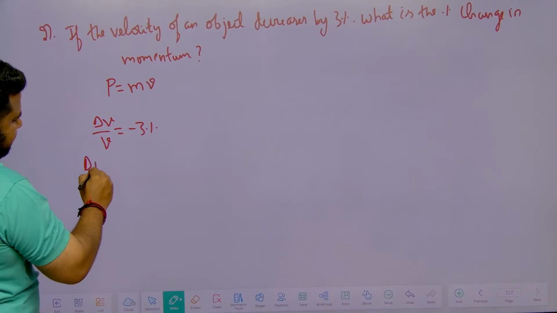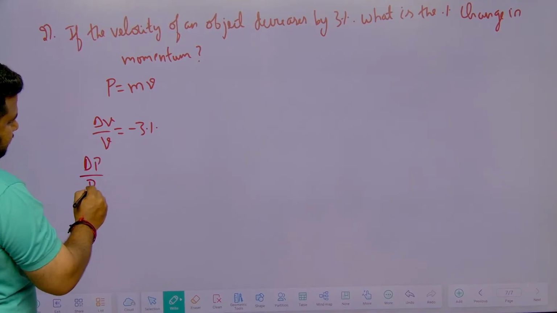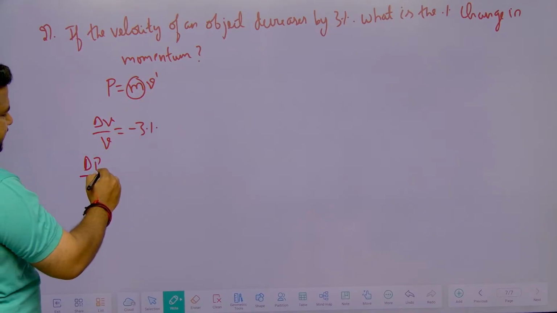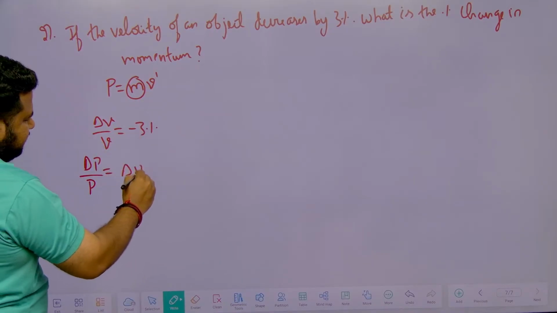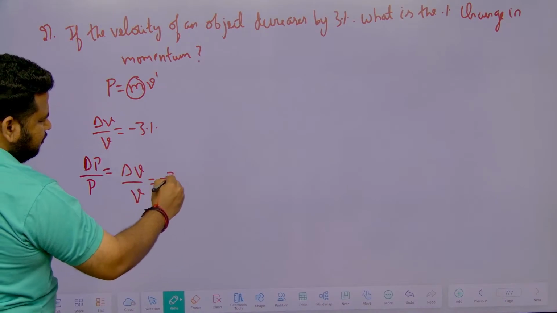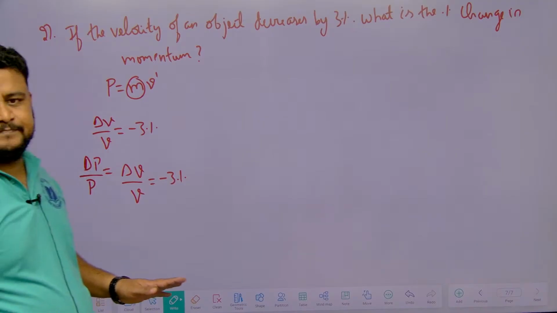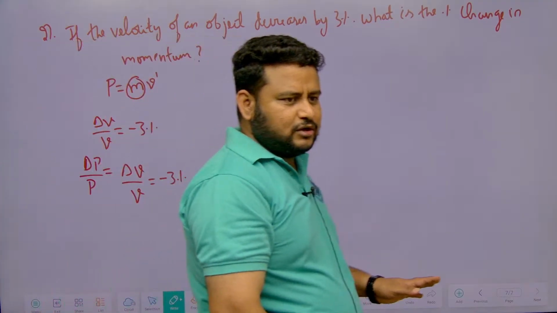So delta P by P, here nothing else is there, this is constant, and V has power 1. So I can write delta V by V, that is equal to minus 3%, same. So the change in momentum will be minus 3%, which means there will be a decrease in momentum. Understanding? That's how you have to learn it.